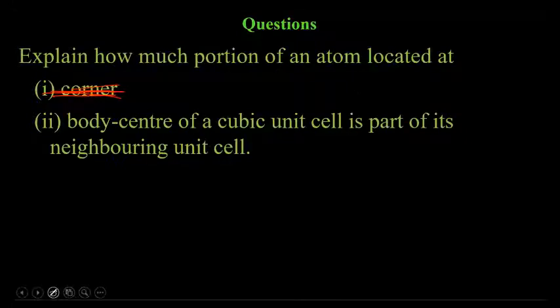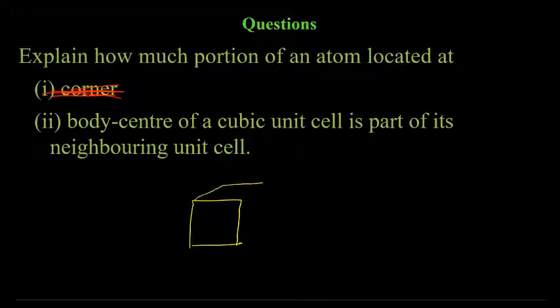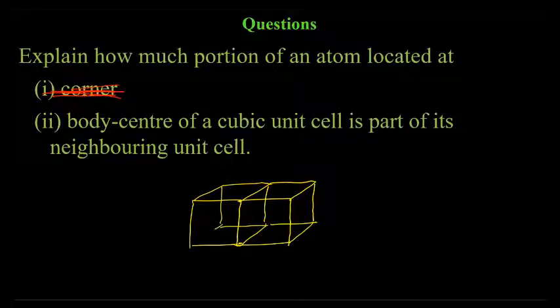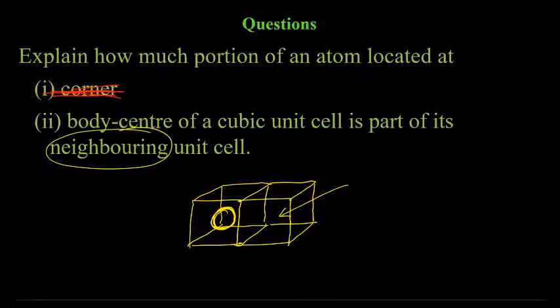If you have the unit cell, say this one, and this one is another unit cell. The question is, is the atom present in the body of one unit cell part of the adjacent, meaning neighboring, unit cell?